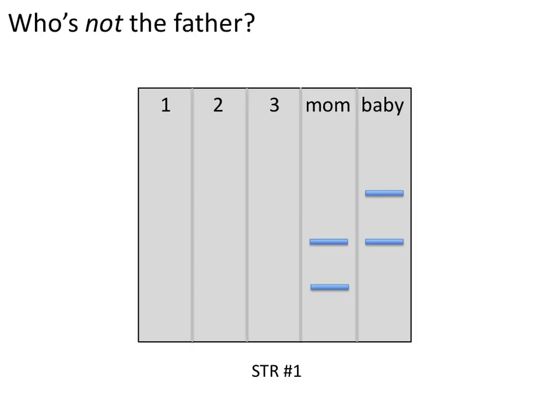So here we have a problem. How do we figure out who is not the father of this baby? Forget about the mom, but the baby. Okay. Now remember, each individual, so here's mom.